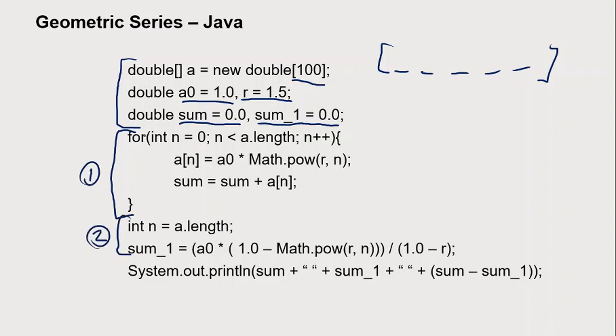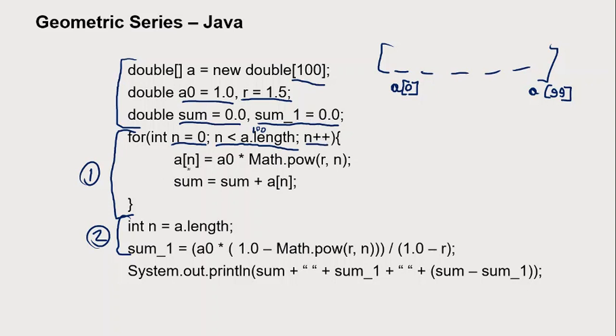The first one uses iteration with n starting at 0 because I want to have an a of 0 entry. This is what we call the first entry, the initial one, which has index 0. Then n goes up to the length of the array, so up to 100 in this case, meaning that the last one will be a99. And then n goes up by 1 every time we loop.